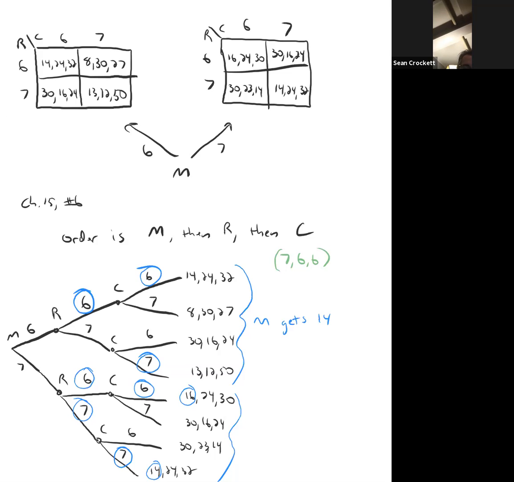Because if player M picks 7, and player R plays 6, that's a best response to player C playing 6. So everyone's doing a best response. But it could also be the case that she picks 7 and the other 2 players do 7-7.